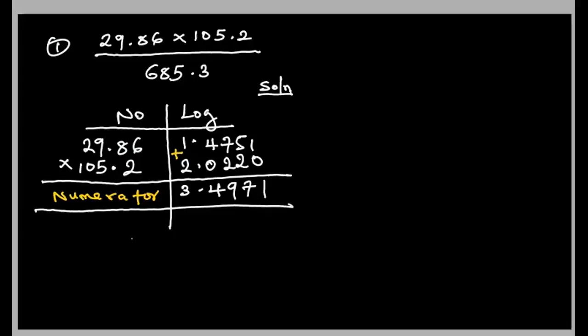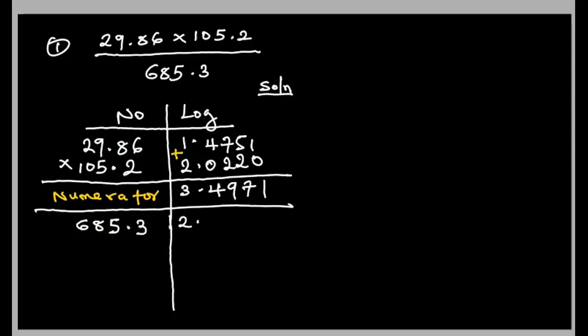And then, as for the denominator, what do we have there? We have 685.3. To do the same thing, let's look for the characteristic. The whole number here is 685. It has 3 digits, so do a minus 1. I will have 2. Now let's find 68 under 5 difference of 3.